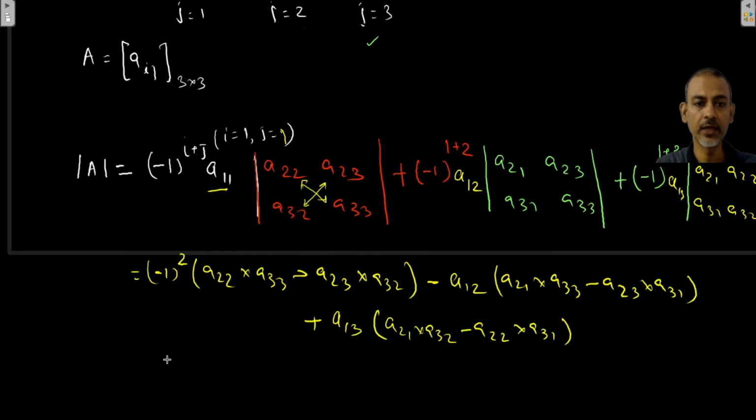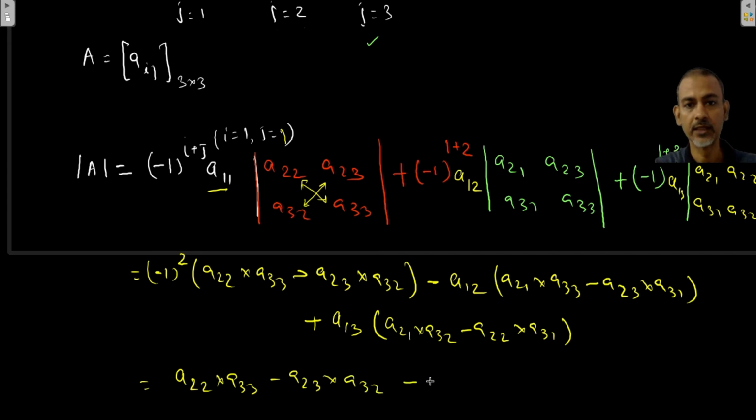Once you calculate, you will get an expression, or more like a number. If inside this determinant you have only cos theta, sin theta, things like that, then once you solve it, you will get something in terms of sin theta and cos theta only, right? Alright. So this is one way of doing it. You further simplify it, so you can write A22 A33 minus A23 A32, then multiplied by A11.